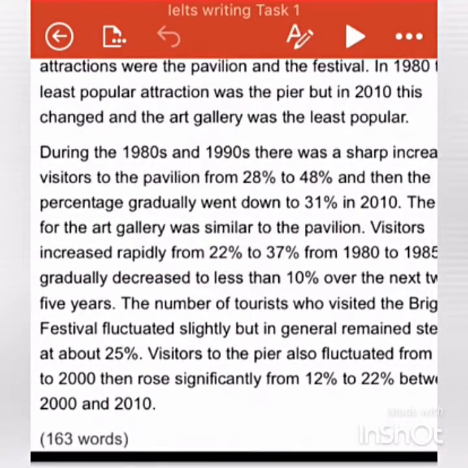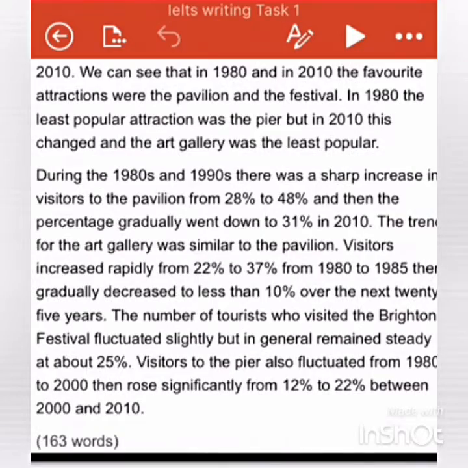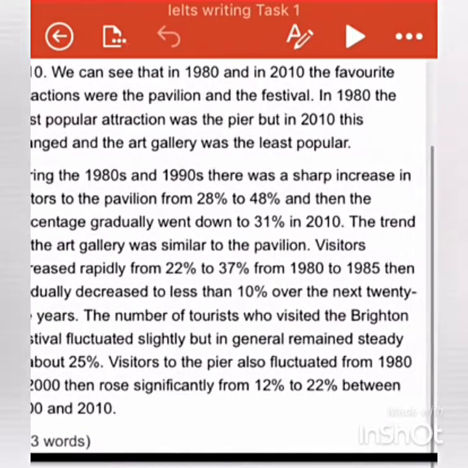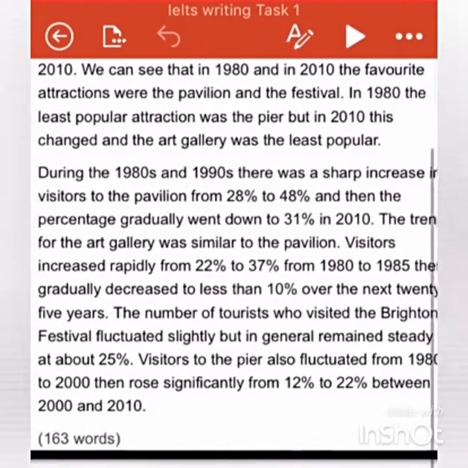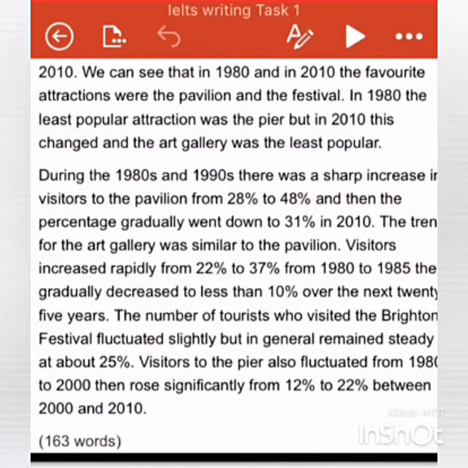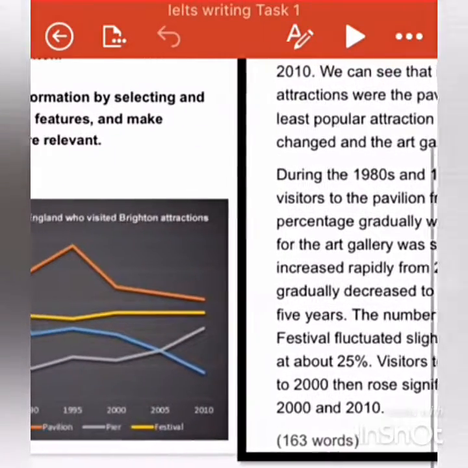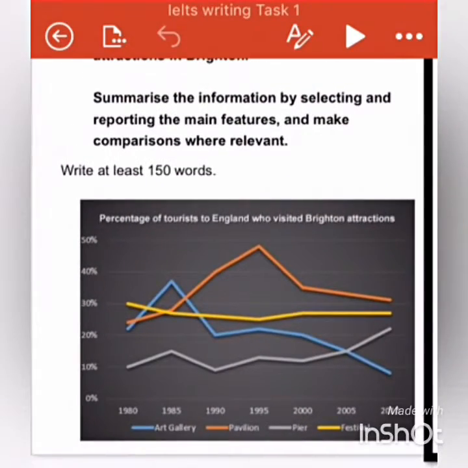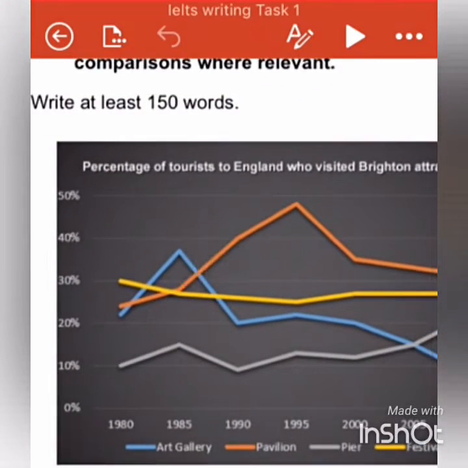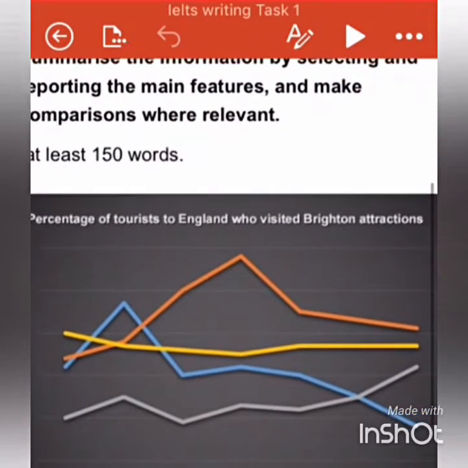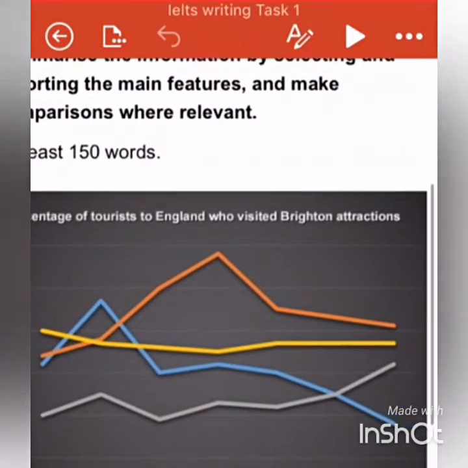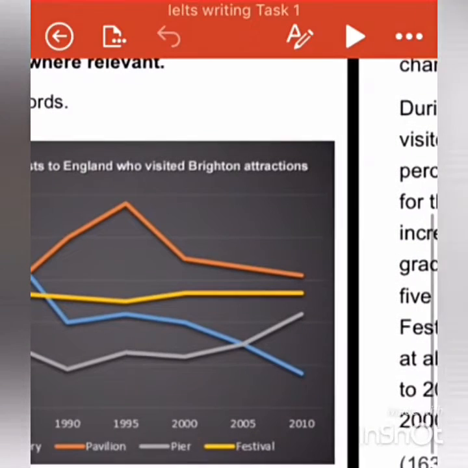Now if you read this, during the 1980 and 1990s, there was a sharp increase in the visitors to the pavilion from 28% to 48%. And then the percentage gradually went down to 31% in 2010. So if you can see the pavilion, there was a sharp increase from over 20% to almost 50%, and then it gradually came down.